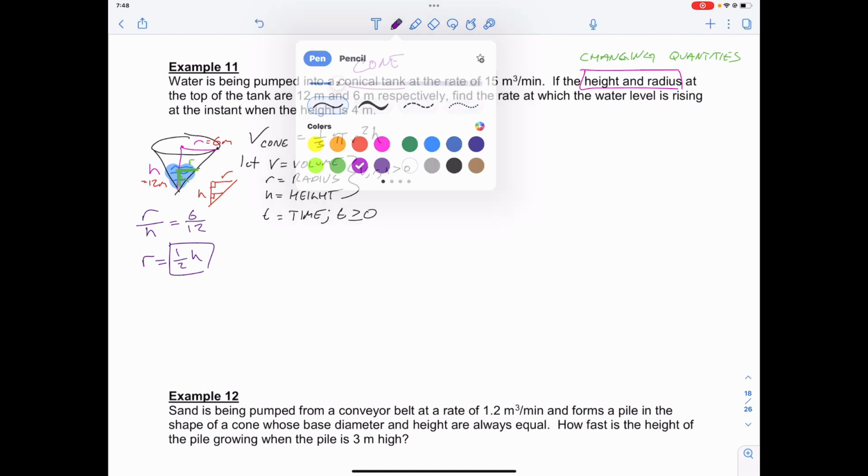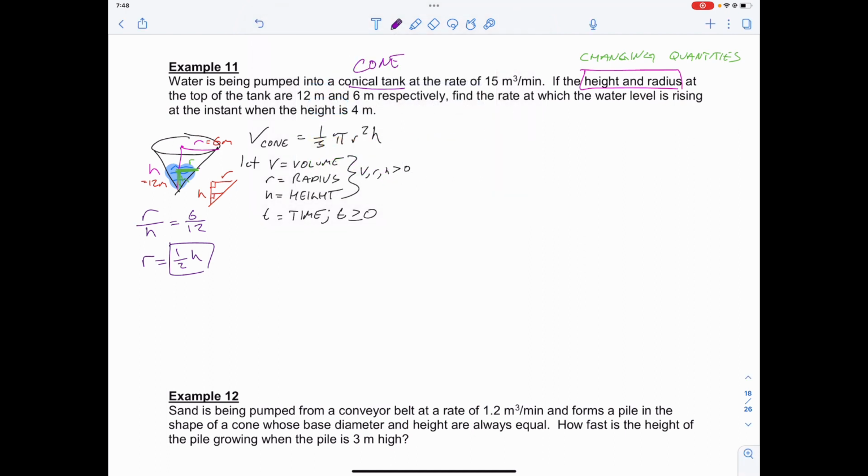Now, we also know, given the information, that we have the rate that water is being pumped into the tank, so it's positive. The volume over time is going to be 15 meters cubed per minute.